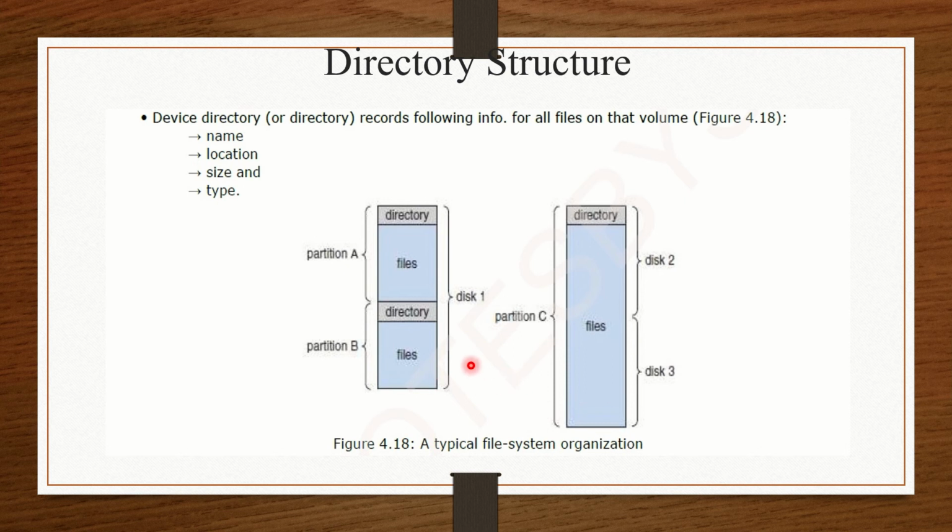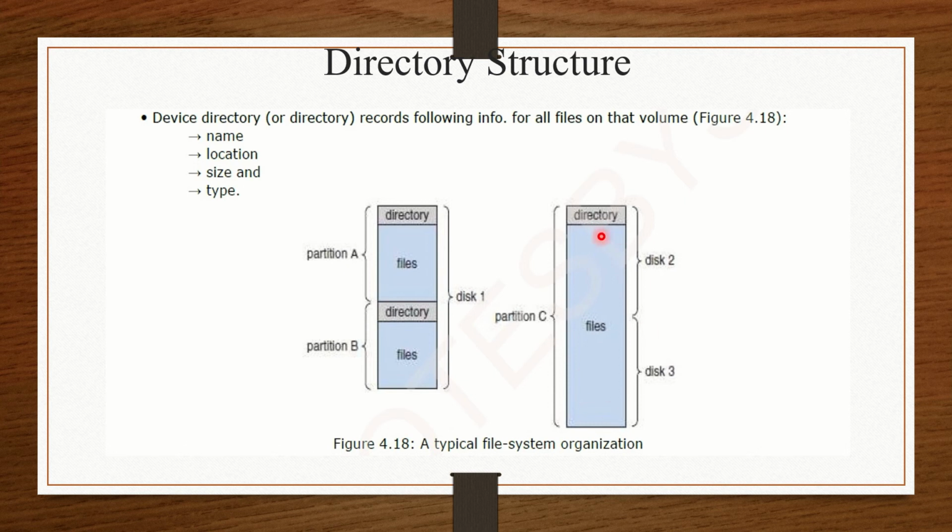So this is a typical file system organization example. Files in any storage device can be stored in different ways. This is one way: suppose this is one disk, and they have given two directories. In one directory some files are there, and in another directory another set of files. In this way they can maintain many directories on the same disk, or in this partition you can see only one directory, and all the files on the disk are maintained inside that directory.